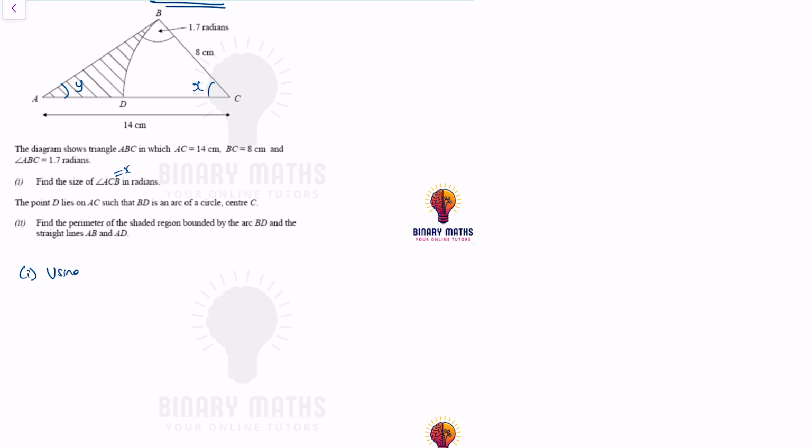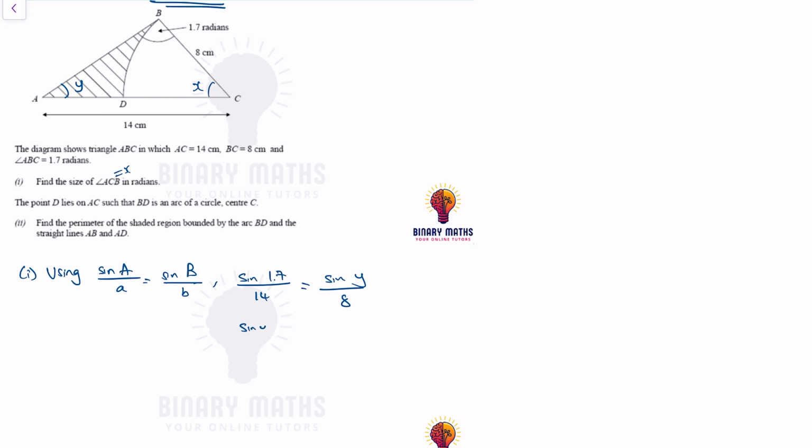Again, we're trying to find an angle, so make sure you have the angle on top. So using sine A over a is equal to sine B over b, we get sine of 1.7 over 14 must be equal to sine of y over 8.